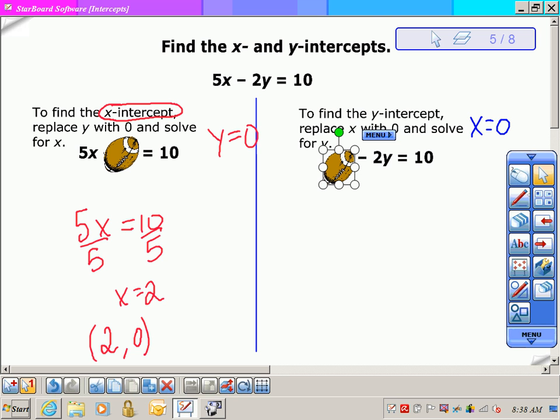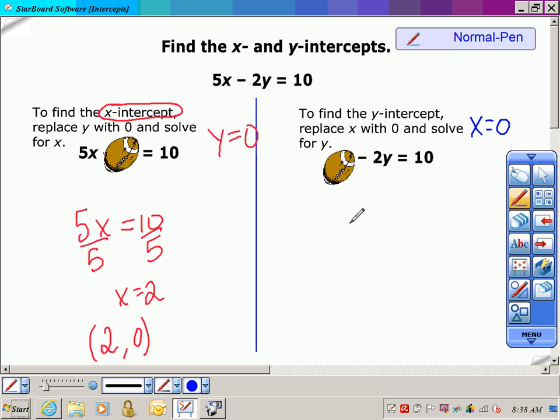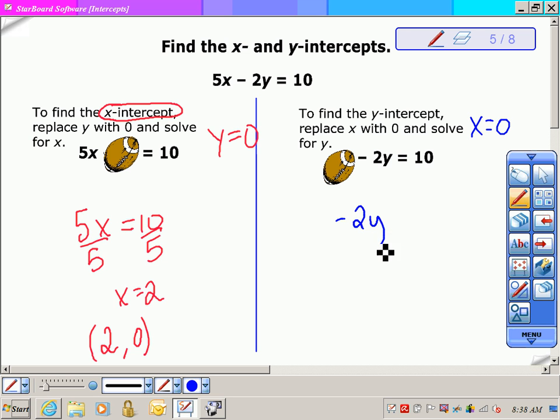We cover up that whole term, and what's left? Negative 2y equals 10. To solve for y, I divide by negative 2. So my y-intercept would be 0, negative 5. Good. Seem pretty easy?